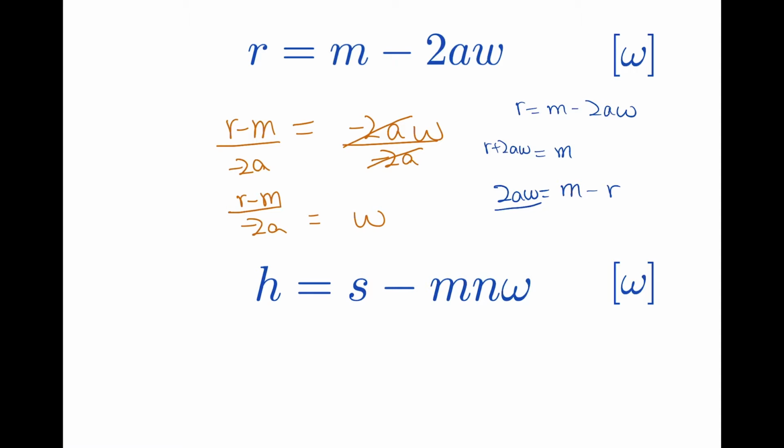You don't need 2a with it because it's just multiplying, you just need w. So cancel, w is left with m minus r over 2a. They both are actually the same thing, it's just the negative difference. So even in your exams, if you write this way or this way, both are correct.